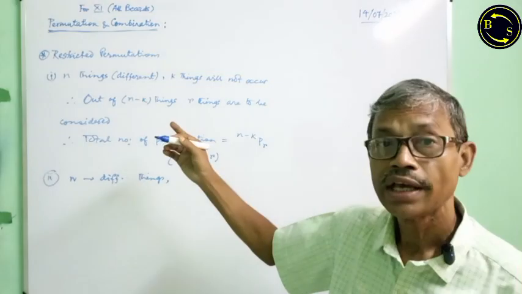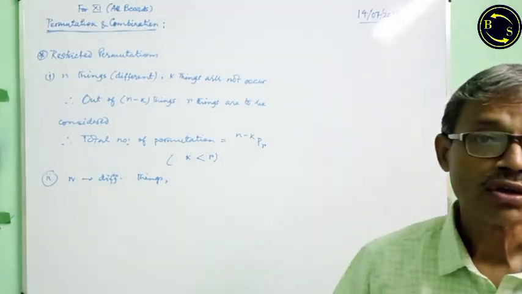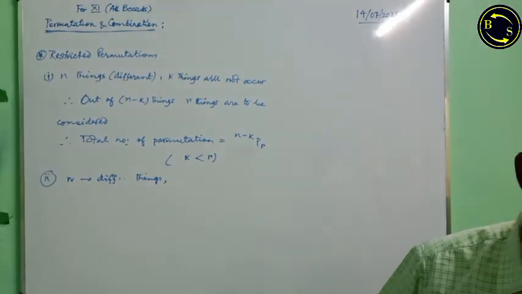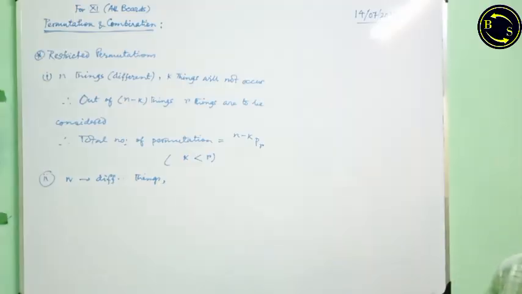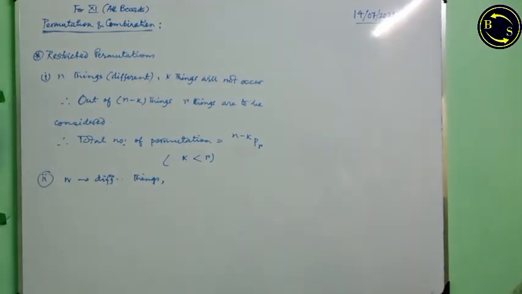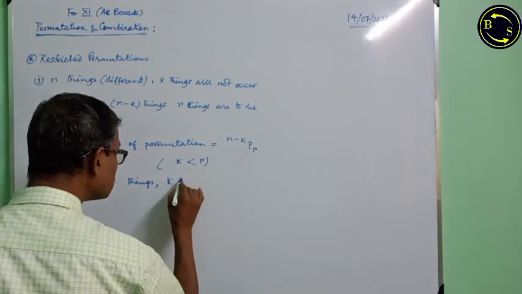In the first case, k things will not occur, and in this case, k things will always occur.